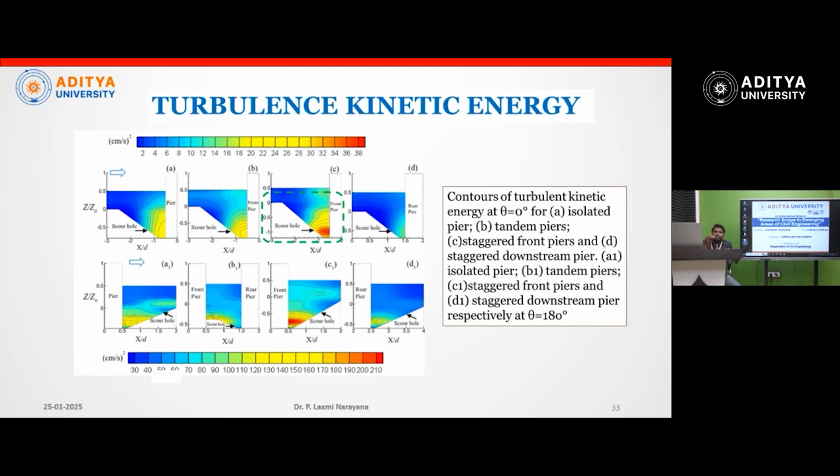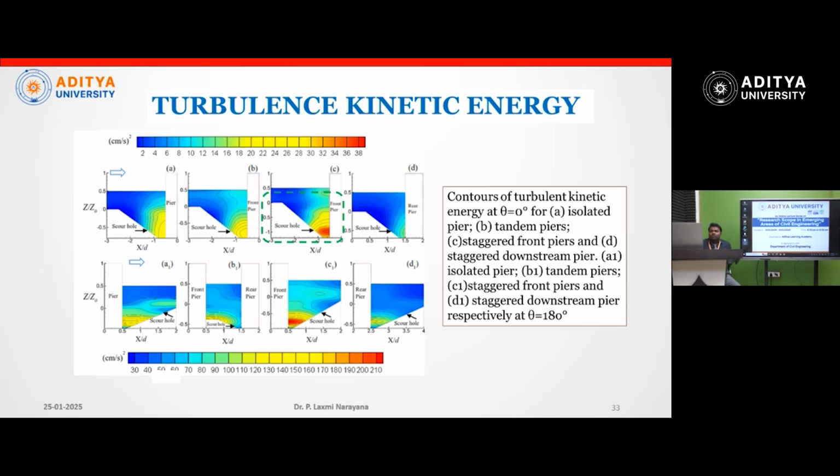So this much turbulence has been present, this much energy has been generated, that I can see in the staggered case. So the staggered case is showing more turbulent kinetic energy.